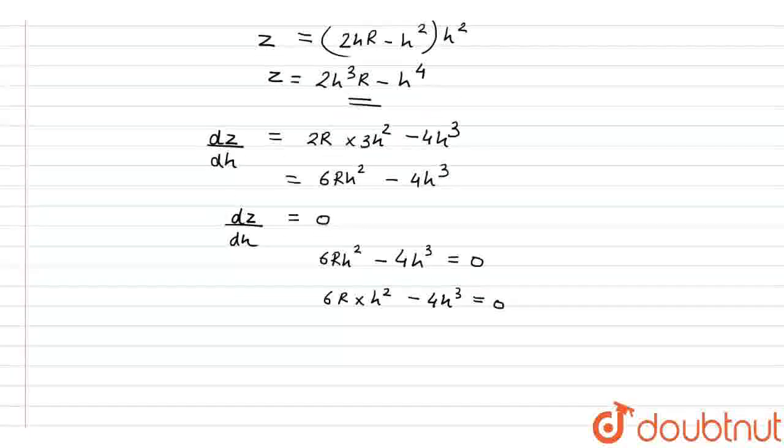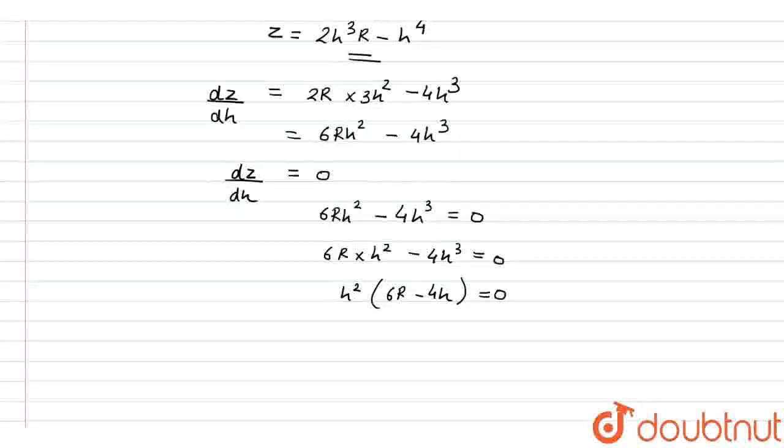We will take h square common, 6R minus 4h will be equal to 0. Now we will be having two values of h from here. One is h equals to 0 and the second one will be h equals to 3R by 2. Now height cannot be 0 of any triangle. So we'll consider only 3R by 2.